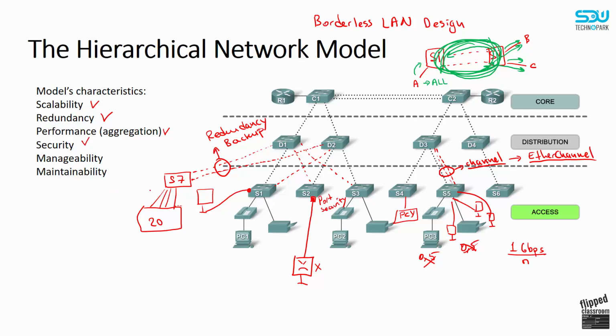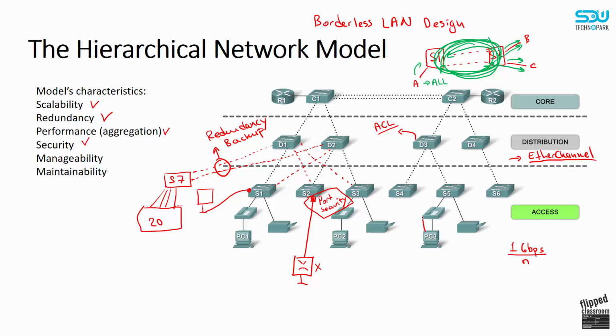What about security? We already mentioned that we have port security here. Port security can be configured on the access layer switch, and on the distribution layer switch we are able to configure a filtration called ACL, access control list, which can provide filtration between networks and between separate hosts. For example, you may have a filter where PC3 is not able to contact the internet.